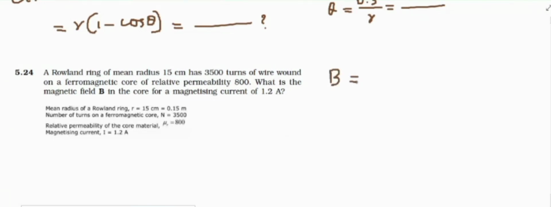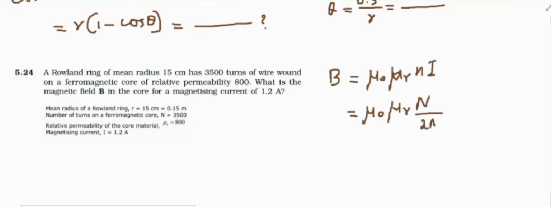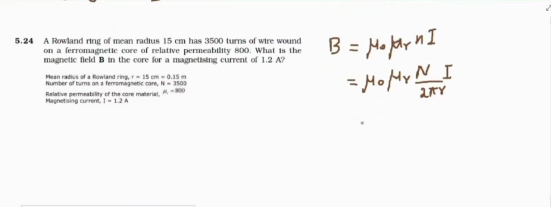Magnetic field due to toroid with core material, we have mu naught mu r nI. Now here total number of turns only given, therefore you have to modify the equation: mu naught mu r, capital N upon 2 pi r, number of turns per unit length, into I. Substitute the given values, you will get the magnetic field.